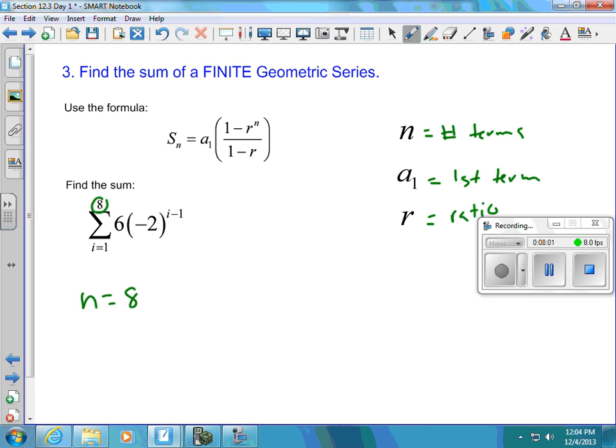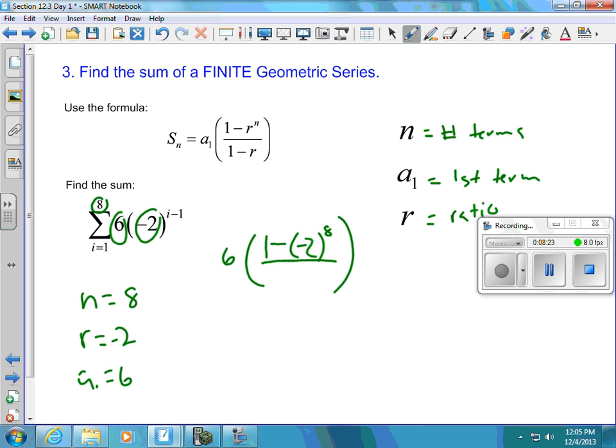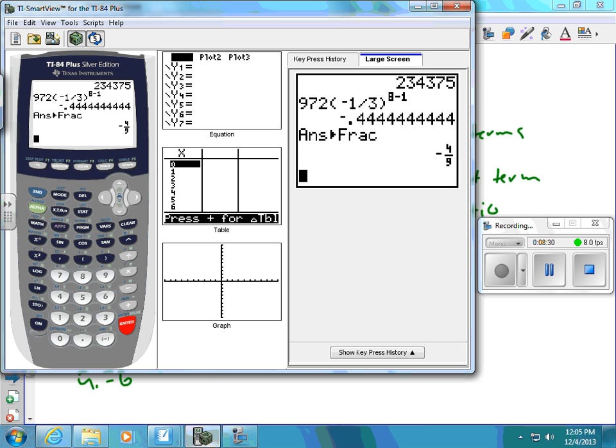And our r, well, that's going to be negative 2. And so now we just plug into the equation here. A sub 1, our first term, is 6. So we type in 6 times 1 minus negative 2 to the 8th power, all divided by 1 minus a negative 2. Lucky for us, we have these lovely calculators. They have a fraction mode on them.